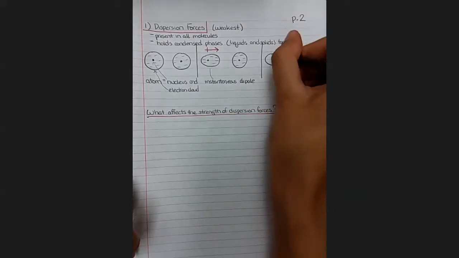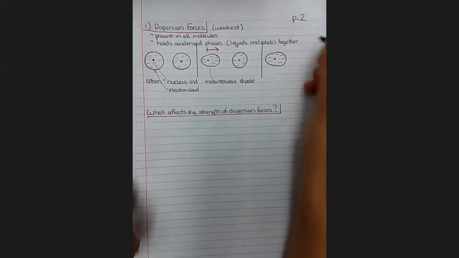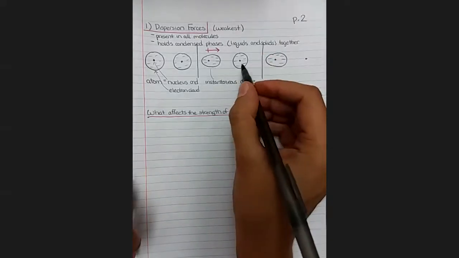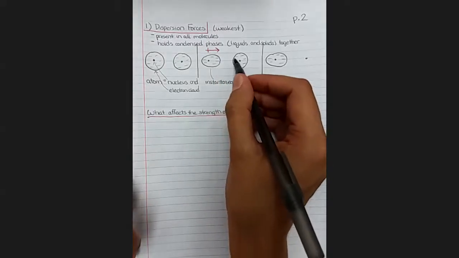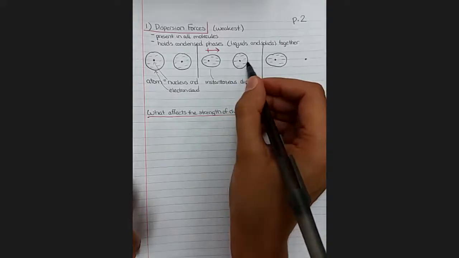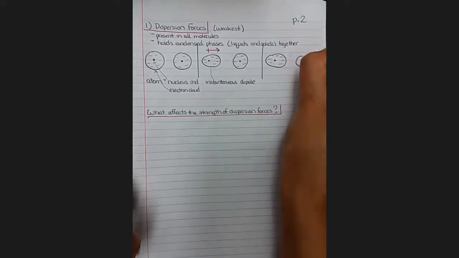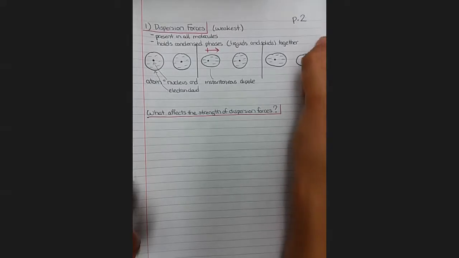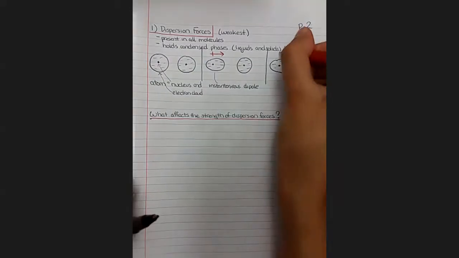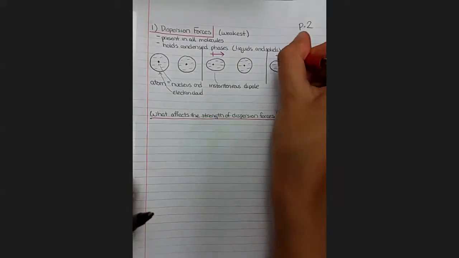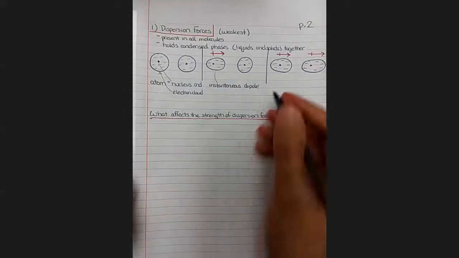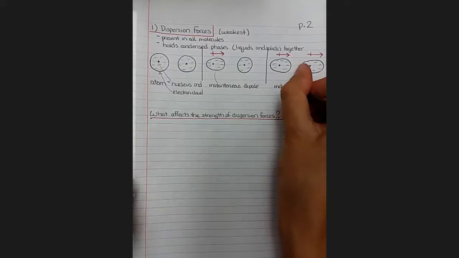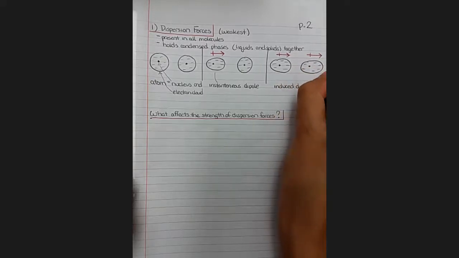So when one atom forms an instantaneous dipole, the atom next to it can feel that, and this side of the molecule with the partial negative charge pushes electrons on the other atom away towards the far end, and it induces a similar instantaneous dipole in the atom next to it. So now this one dipole in one molecule became two dipoles, and this new one is called an induced dipole.